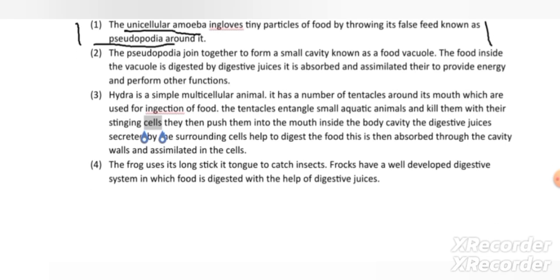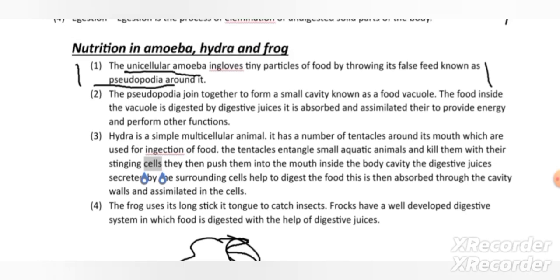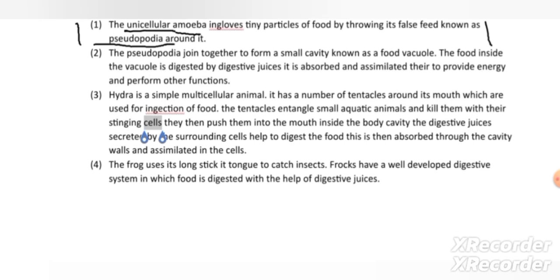What happens after it throws its false feet around it? The pseudopodia join together to form a small cavity known as a food vacuole. This is known as the food vacuole. It is a very easy topic.